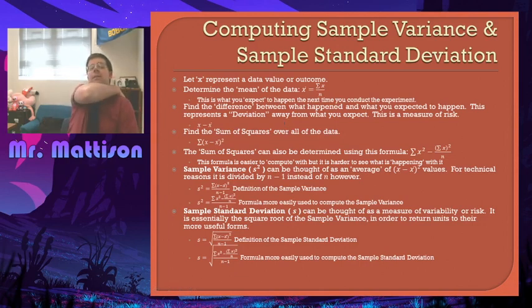So anyway, first thing that we want to find is the x bar, or the mean of that sample. We've gone over that in the past. Add up all of the values and then divide by how many of them there are. There's your sample mean. Not too bad. Then what we're going to do is find the deviation of each individual thing from our mean.